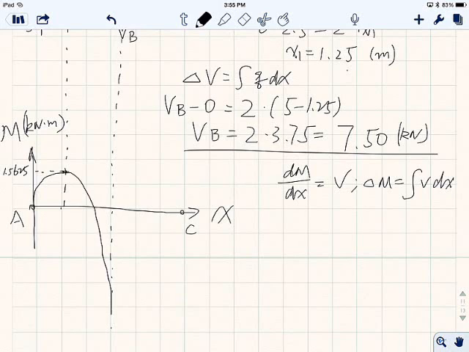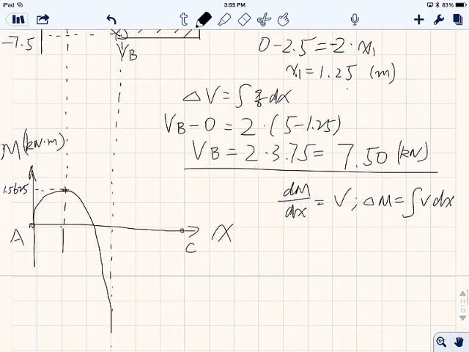Now, again, there's an interesting number over here. We know this is 1.25. I'm not going to write a unit because it's too small, so 1.25 just meter. I guess I'd better write it.